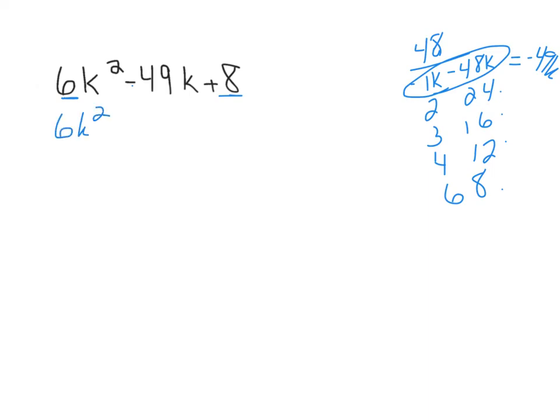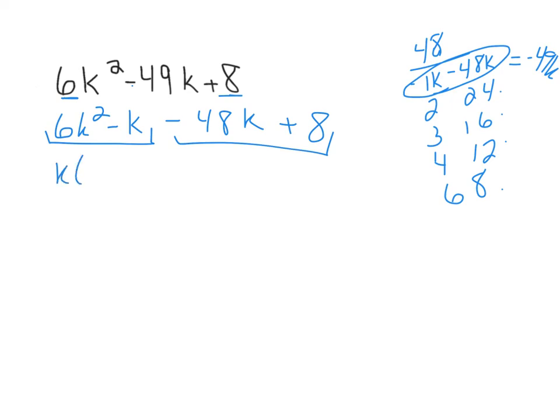6k squared is going to stay as it is, and the 8 is going to stay as it is. But we're going to rewrite it as negative 1k and negative 48k. We've expanded the middle term. Now we're going to factor the first two. First two, I can take a k out, and I'm left with 6k minus 1.